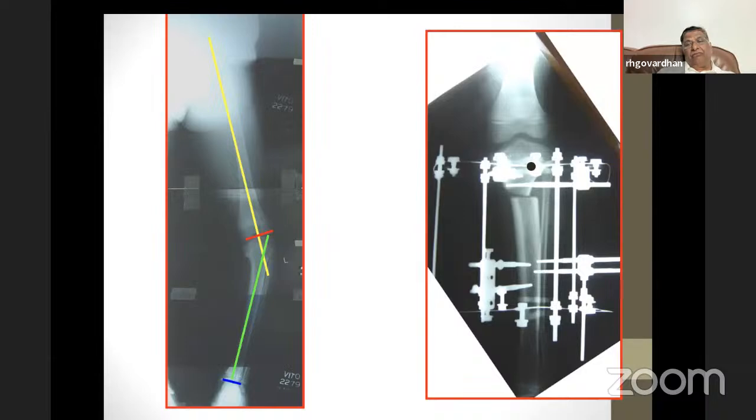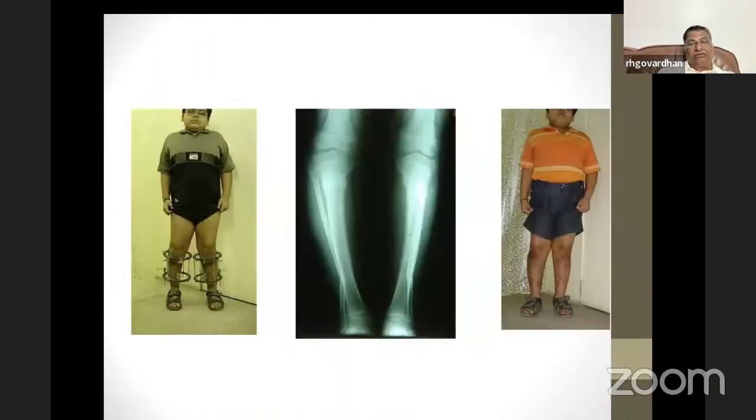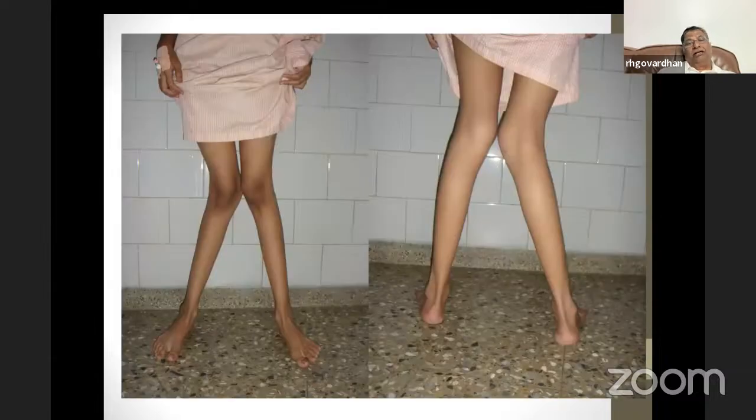So to correct the deformity, you put the hinge at the level of the apex of the deformity, have the ring above and below, and once you try to correct it, you will find that the deformity is corrected not with only angulation, but the distal fragment is translated. So there are two things which are happening. One is angulation correction and the translation of the distal fragment. Pre-op and post-op is shown.